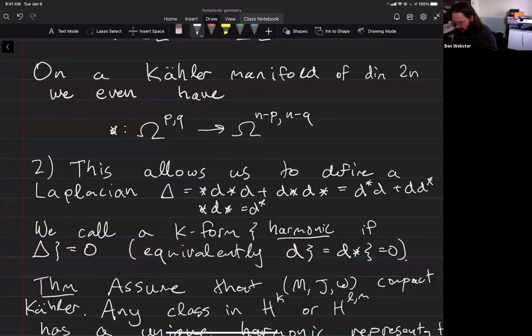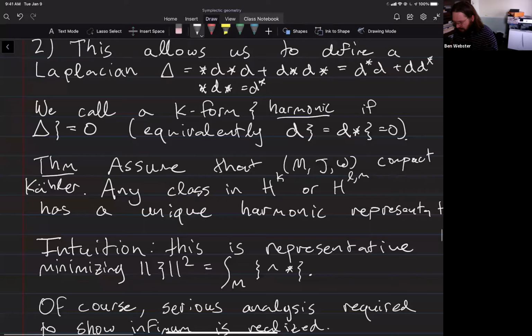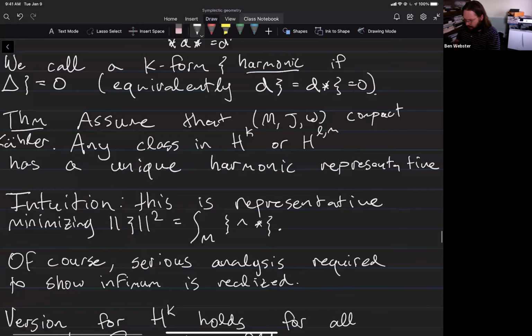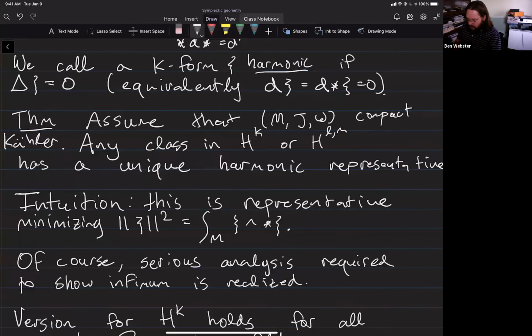All right. The key thing that makes Hodge theory go is that if I have a compact Kähler manifold, then any class in de Rham cohomology or Dolbeault cohomology has a unique harmonic representative. The intuition is you look in that cohomology class for something that minimizes the norm.